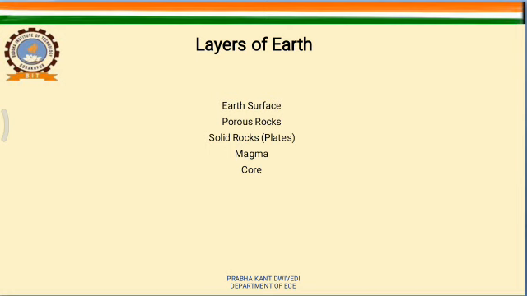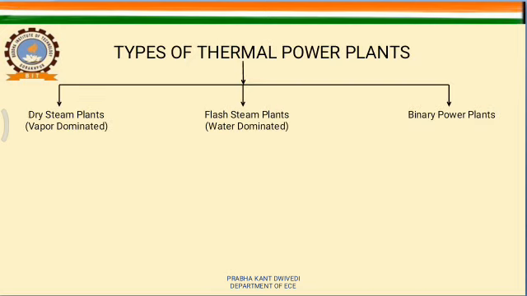And now come to the types of the geothermal power plants. Geothermal power plants are classified as dry steam power plants, which are vapor dominated. In the vapor dominated system, steam from inside the earth is piped directly to the generator turbines.